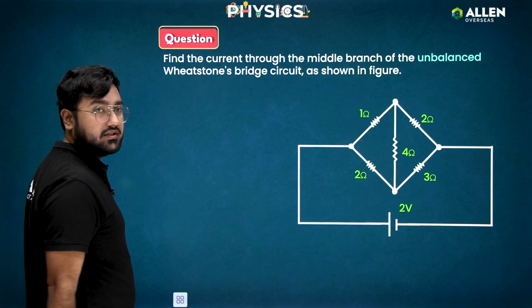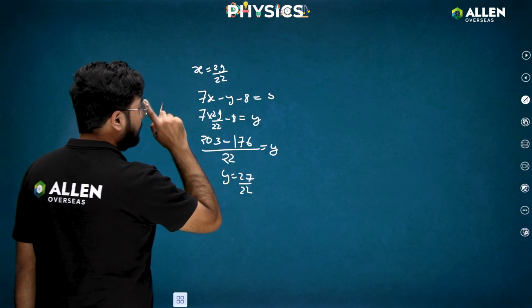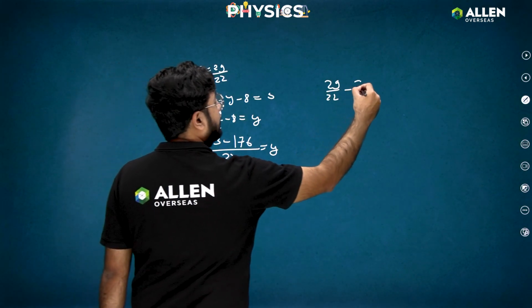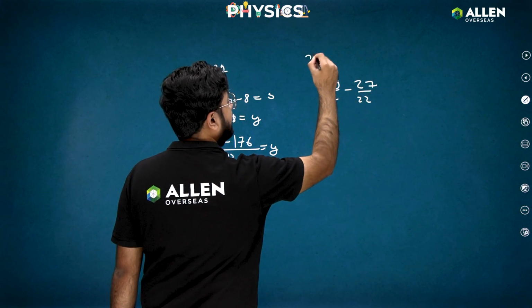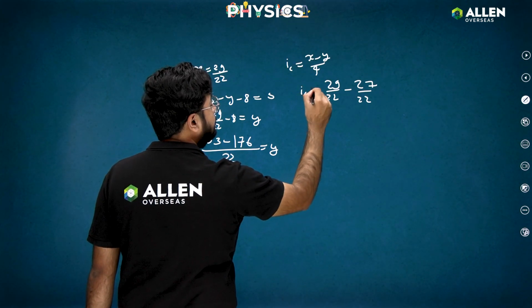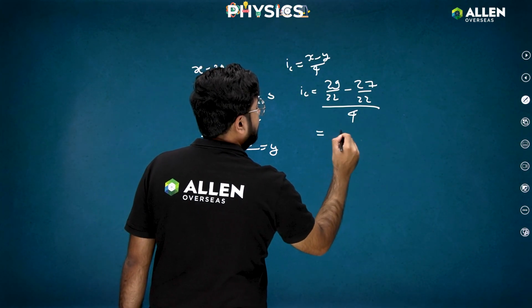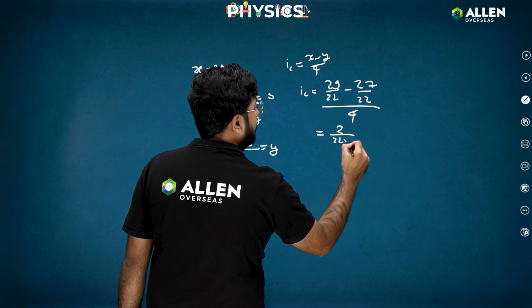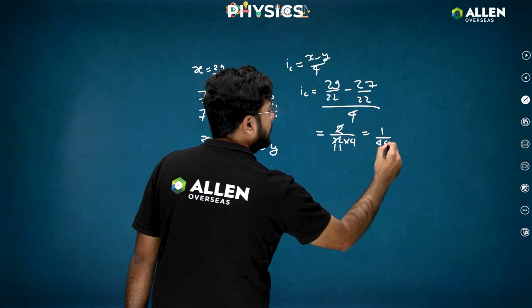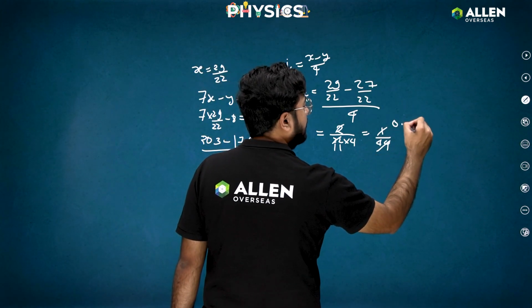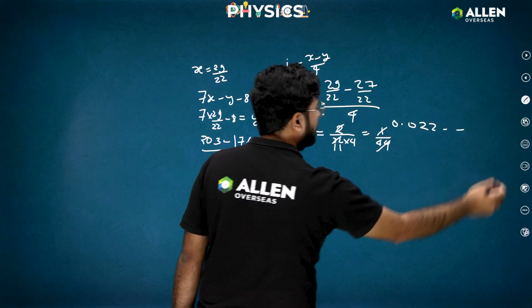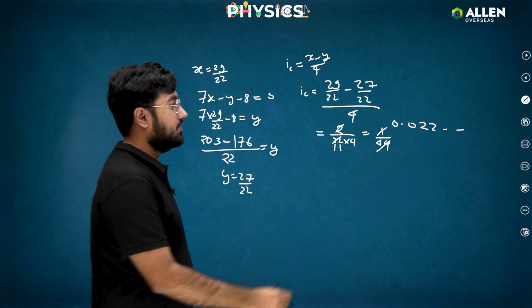So calculate it. x is 29 by 22, y is 27 by 22. (x minus y) divided by 4 is 2 by 22 into 4, which is 1 by 44, about 0.022 ampere.